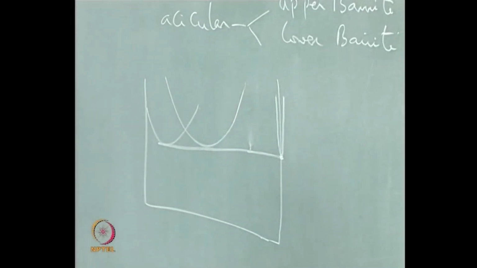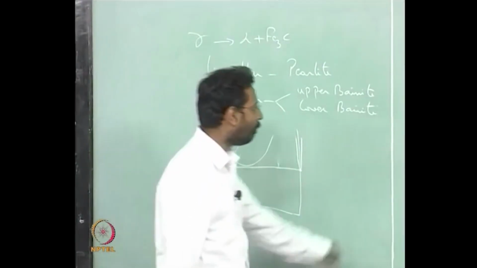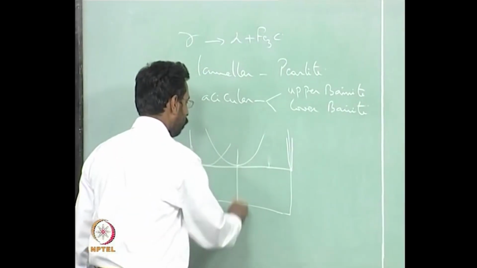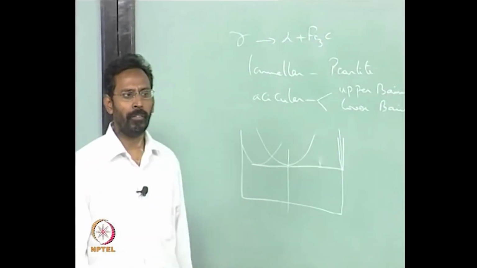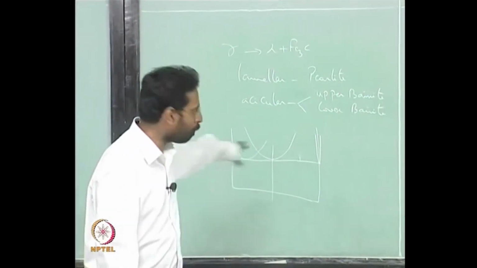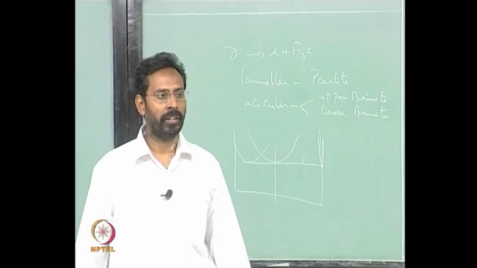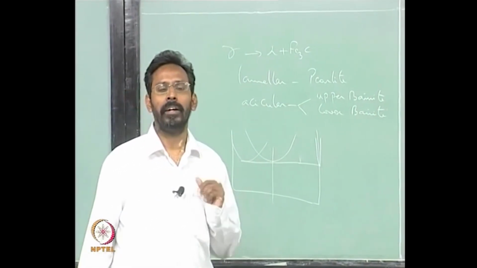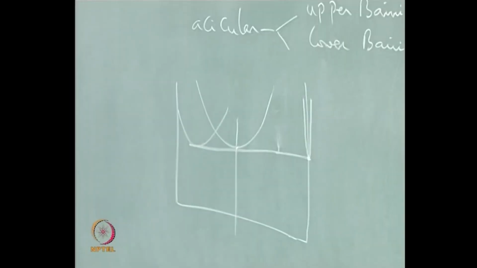So, at the A1, which is the eutectoid temperature, in principle this is the type of situation, and if I am choosing an alloy of eutectoid composition, there is no driving force for the alpha plus cementite to come, because all of them are on the same tangent. So, once there is no driving force, obviously the activation barrier is infinite.